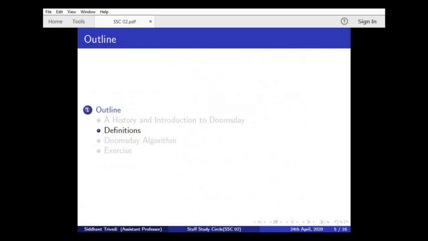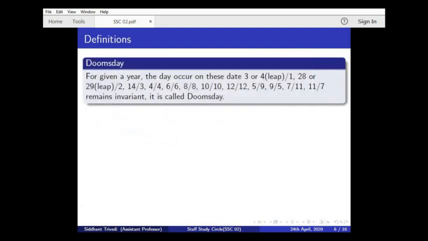Let's see the basic definitions. The first definition is of Doomsday. For a given year, the day that occurs on these dates, 3rd or 4th January, 28th or 29th February, 14 March, 4 6, 6 8, 8 10, 10 12, 12 5, 9 9, 5 7, 11 and 11 7, remains invariant.